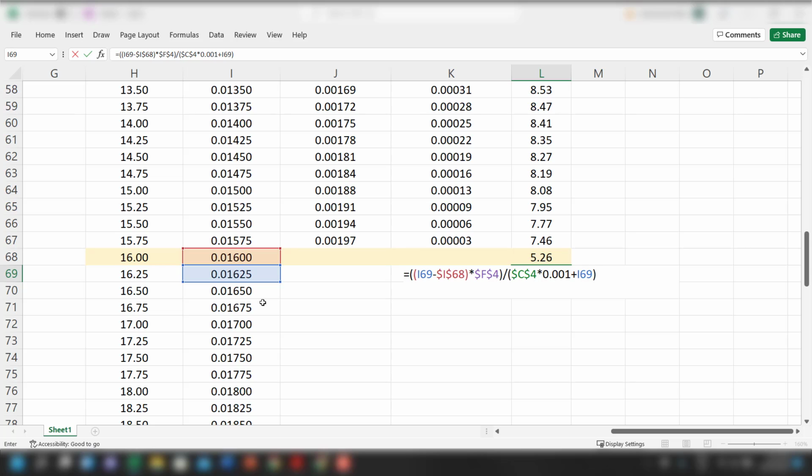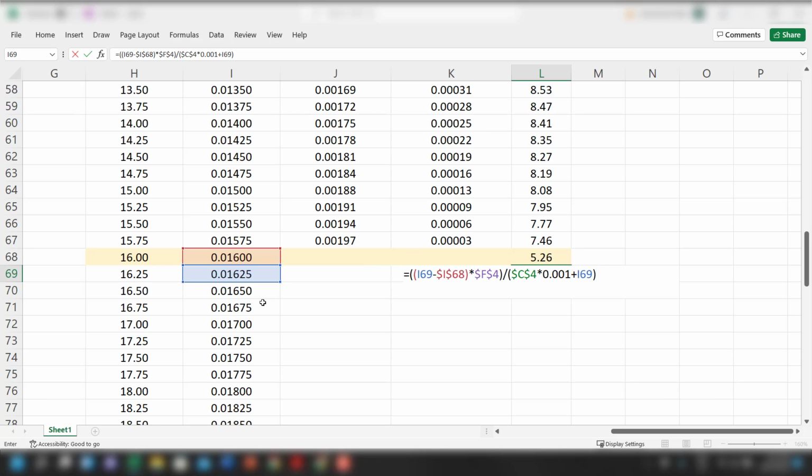This is going to give us the concentration of the excess H plus at that volume.